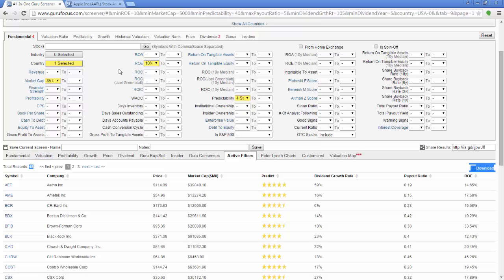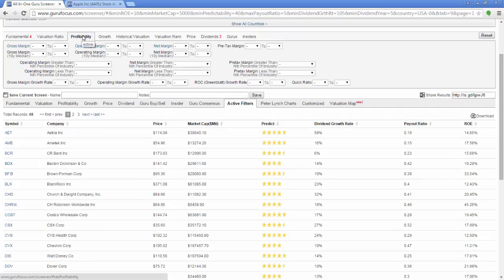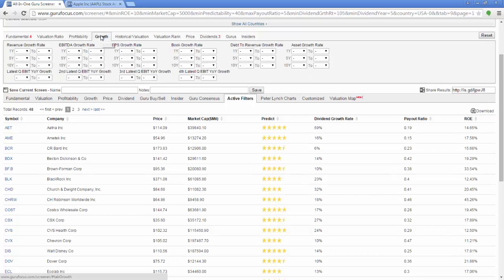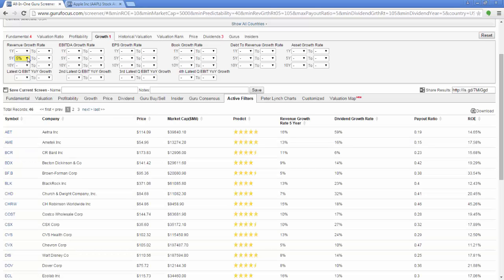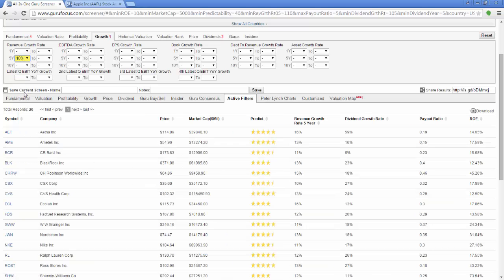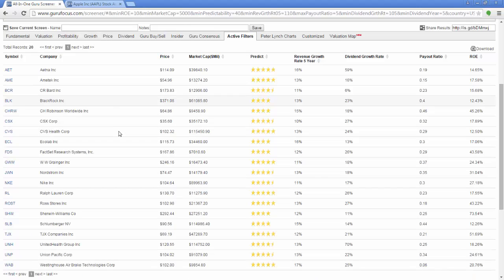So these are quality stocks that are meeting our tests as we approach this. We can go to the growth tab and let's see some revenue growth the last 5 years. At least, let's say 5% a year. Didn't trim it much. About 10% a year. There we go. Now we're down to 20 stocks.